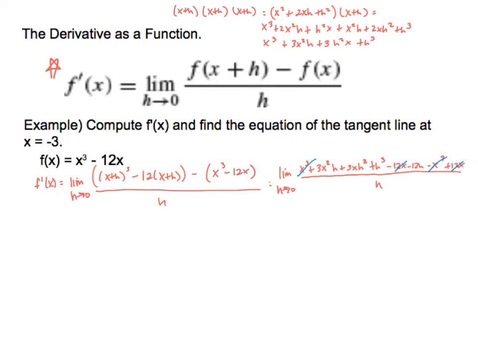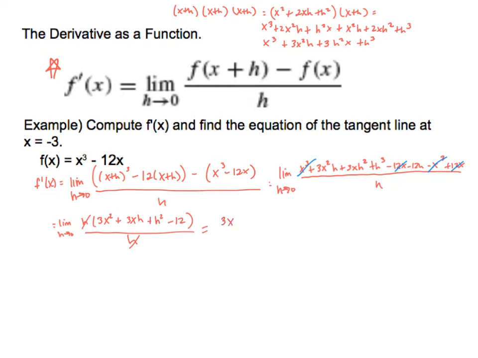So my next job is to factor that. So 3x squared plus 3xh plus h squared minus 12, all divided by h still. Okay, so now we can cancel out the h's and evaluate the limit as h approaches 0.